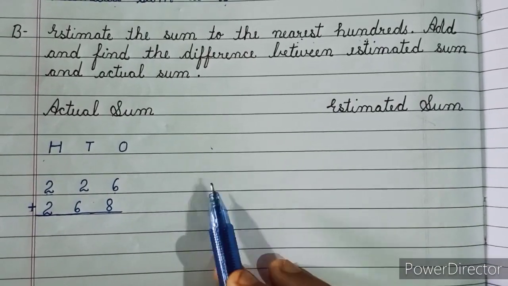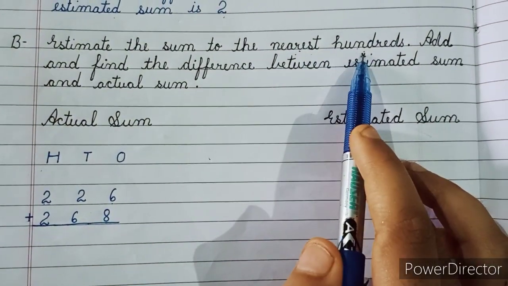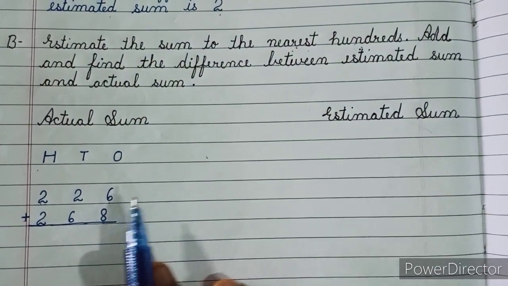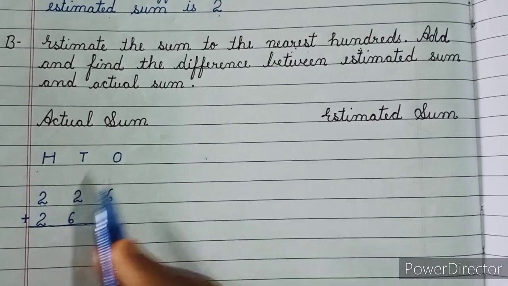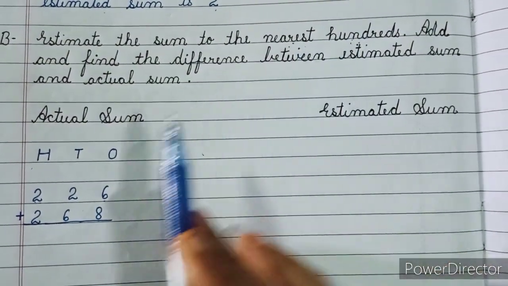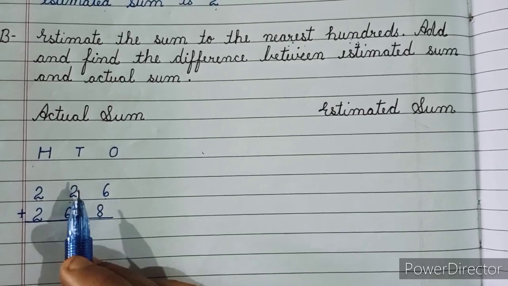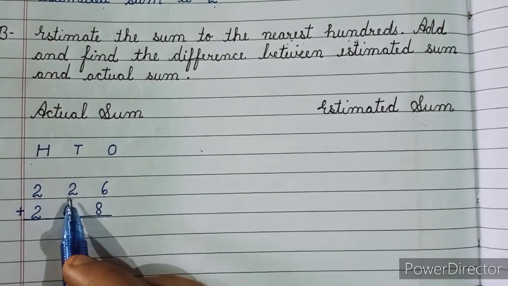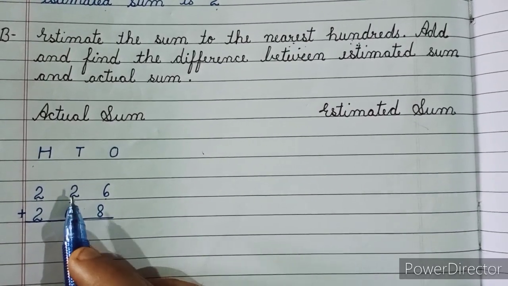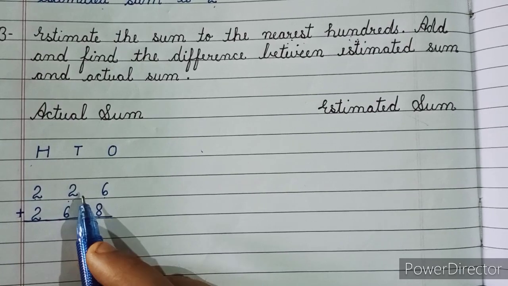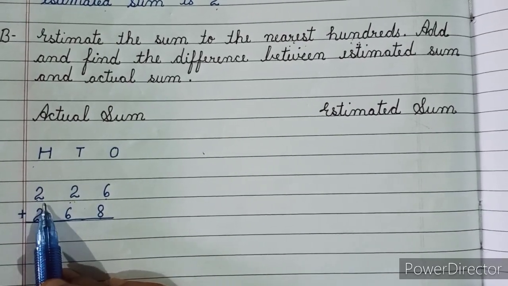Children, now we will learn how to round off these numbers to the nearest hundreds. So in this question we have to look at the tens place because we have to round it to the nearest 100. Okay, so we have to look at the tens place. If the number at the tens place is less than 5, then the number at the hundreds place will not change.